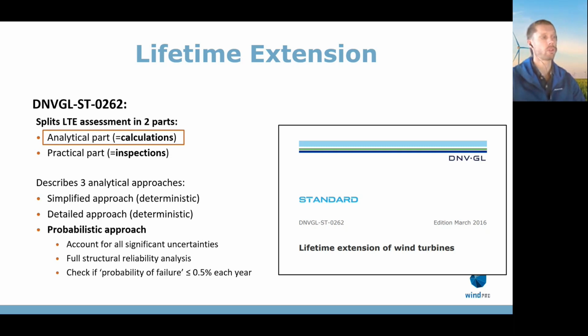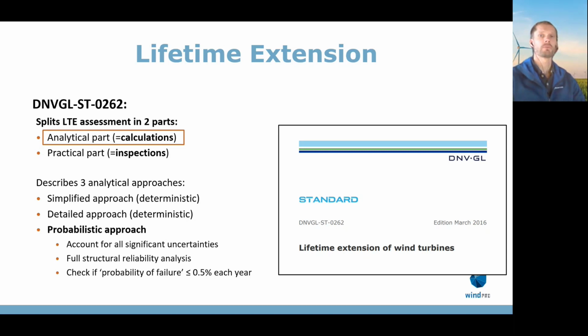We have in-house codes for that at EMD, but there you need to account for all significant uncertainties, and you will be doing what is called the full structural reliability analysis, which is actually quantifying the probability that the turbine will fail in any year of its operation. And the design requirement, which is fundamental to the standards, is that this probability needs to be equal to or less than 0.5%.